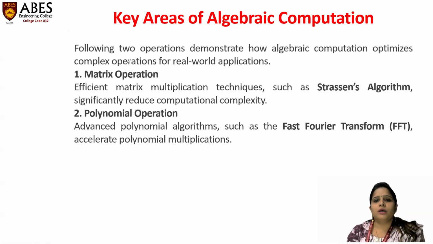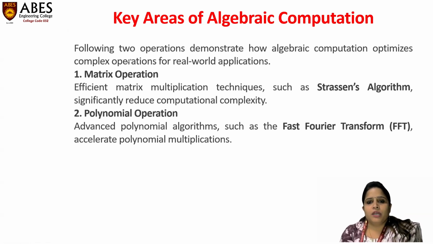If I'm talking about the conventional matrix operation, we all know that we are given a matrix A, suppose A, B, C, D, whose dimension is 2 by 2, and another matrix B, whose dimensions are again 2 by 2, A1, B1, C1, D1.